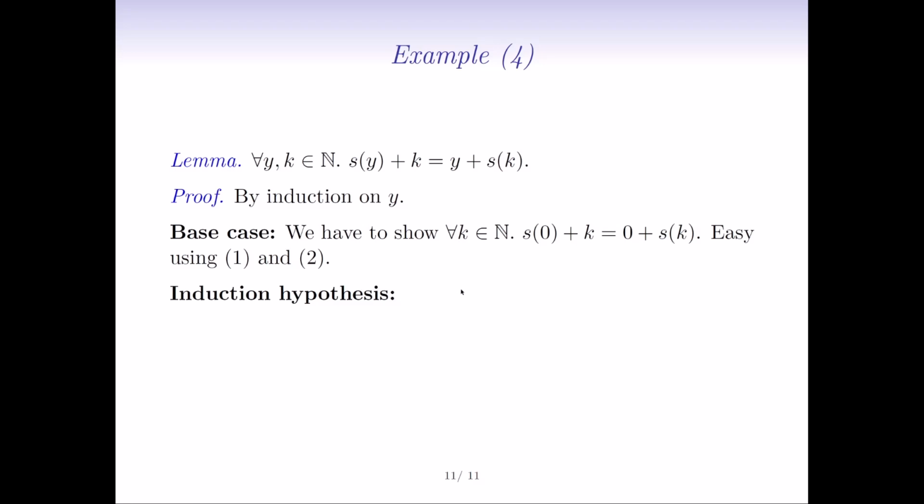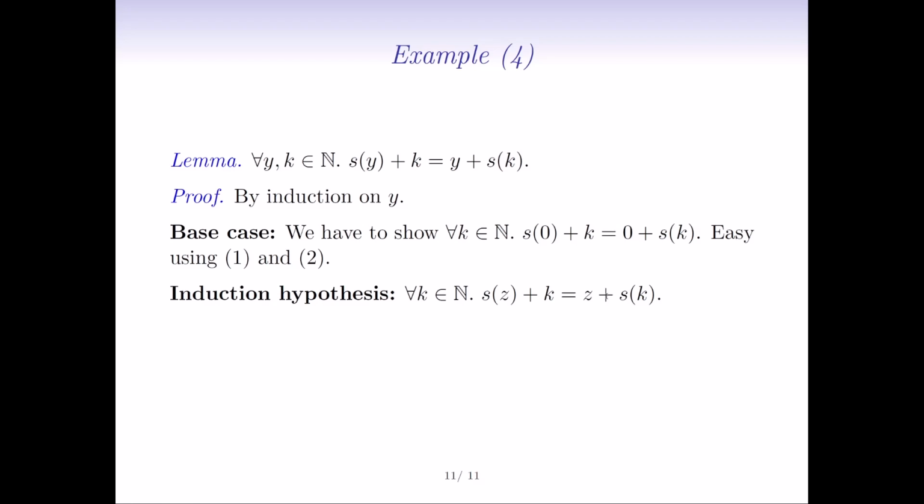For the induction hypothesis, I've already used the variable k in my lemma statement, so I'd better not use it again here. Instead of making the assumption for an arbitrary number k, I'm going to choose the name z instead. So I'm assuming P of z for my arbitrary z, which is for all k, successor of z plus k equals z plus successor of k.